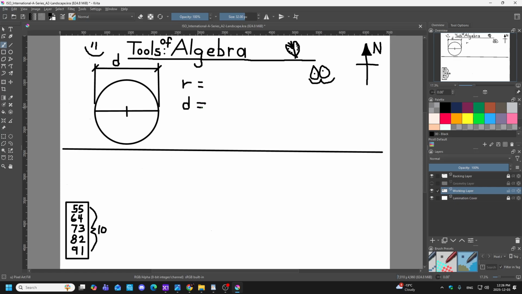And then we have a choice of two formulas.